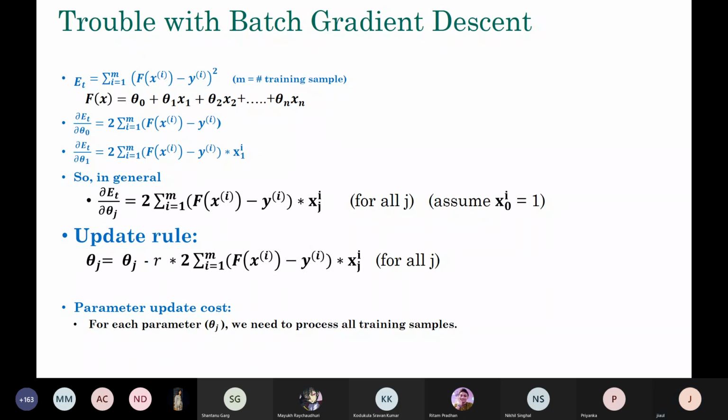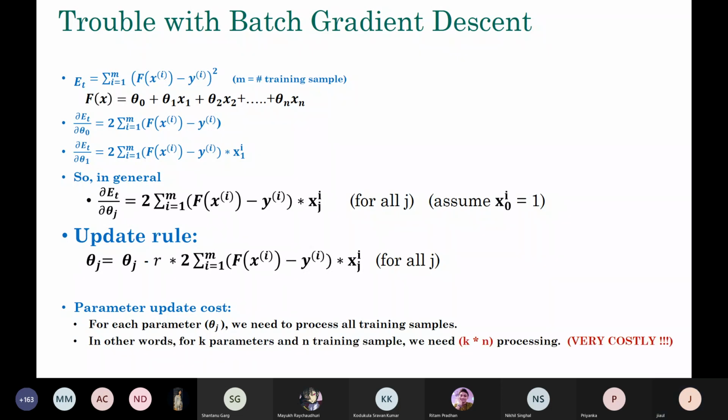In other words, if you have k parameters in your model and n training samples, we need k times n processing for a single update.